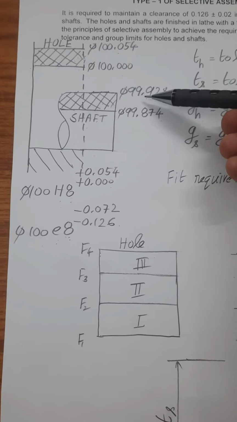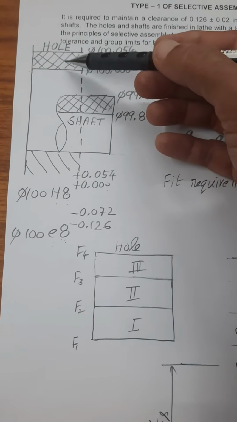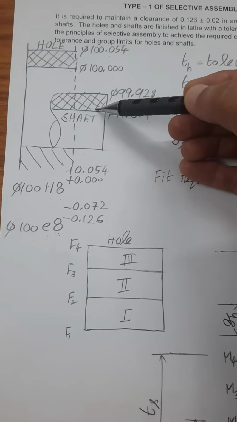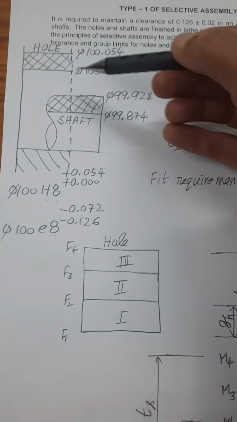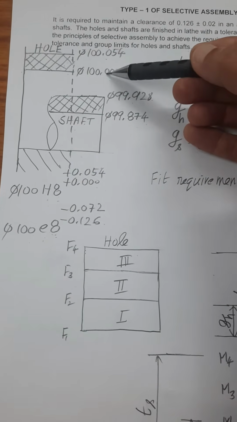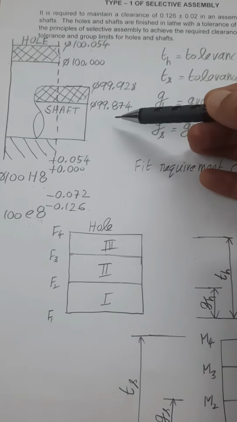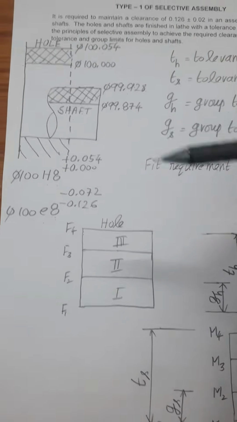Suppose you want to manufacture 1000 assemblies, then holes are separately manufactured and shafts are separately manufactured. The size of all the holes should lie between these two limits. The size of all the 1000 shafts should lie between these two limits. Then we are going to make the assembly of these two.